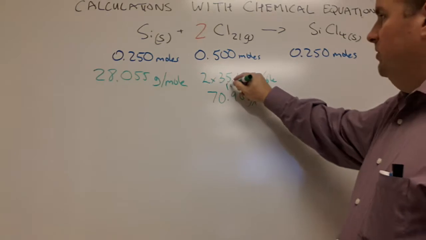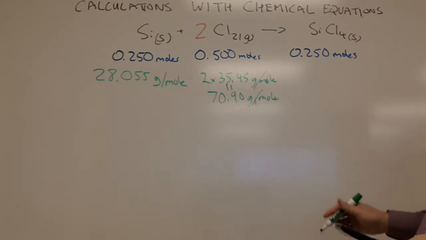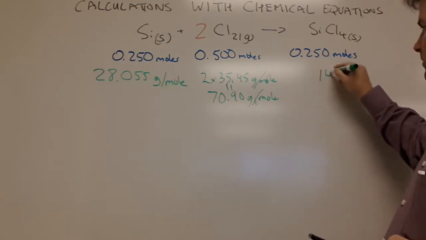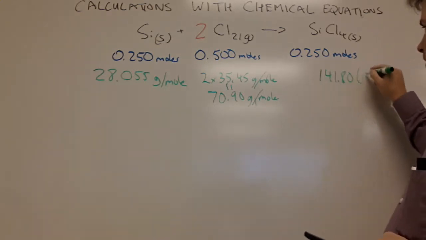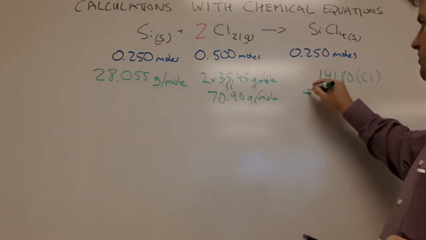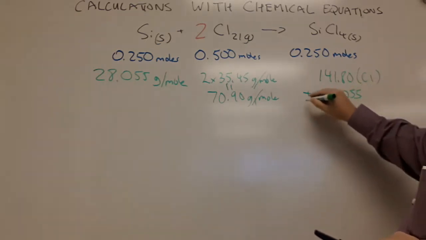All right, so what about silicon tetrachloride? Same general idea. So 70.90 times 2, the chlorine weight of this thing is going to be 141.80. That's chlorine, and my silicon weight is going to be 28.055.